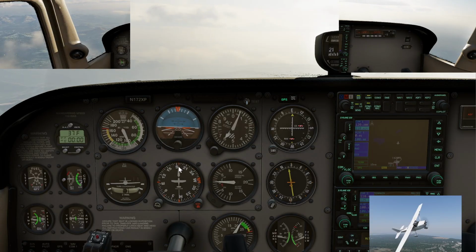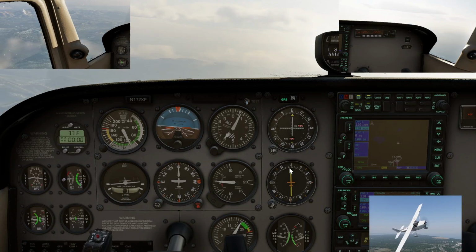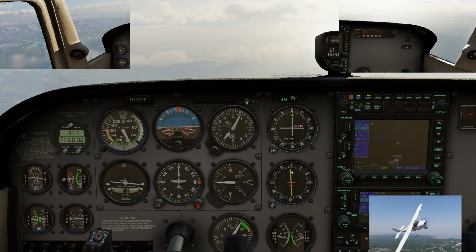What's our amount of correction right now? Well, 5 degrees, about 8 degrees. Look at that, we're right about 8 degrees there. If I go right to 177, let's see what we get. There it is.